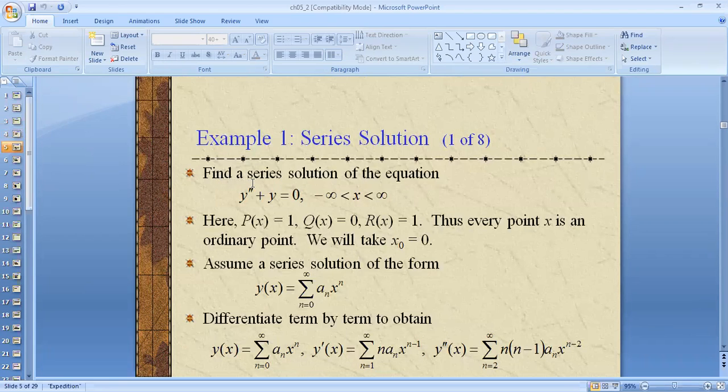Now, to find the series solution of this type of differential equation, P of x equals 1 is the coefficient of y double dash, that means d square y by dx square. This is a second order differential equation where P of x equals 1, and Q of x equals 0 because the dy by dx coefficient is 0 here.